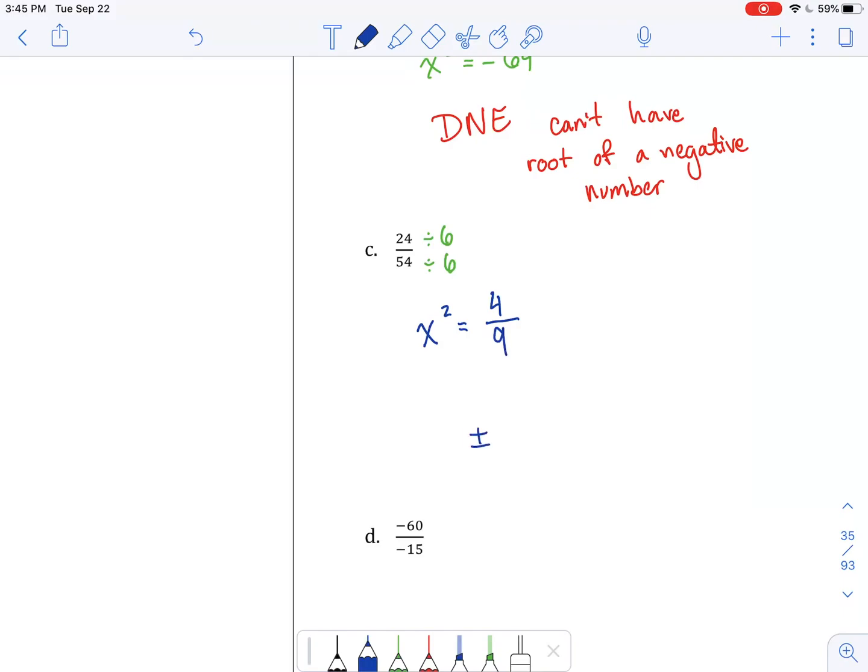Well, again, we're going to have plus or minus, because we have positive. The square root of 4 in the numerator is 2, and the square root of 9 in the denominator is 3. So plus or minus 2/3.